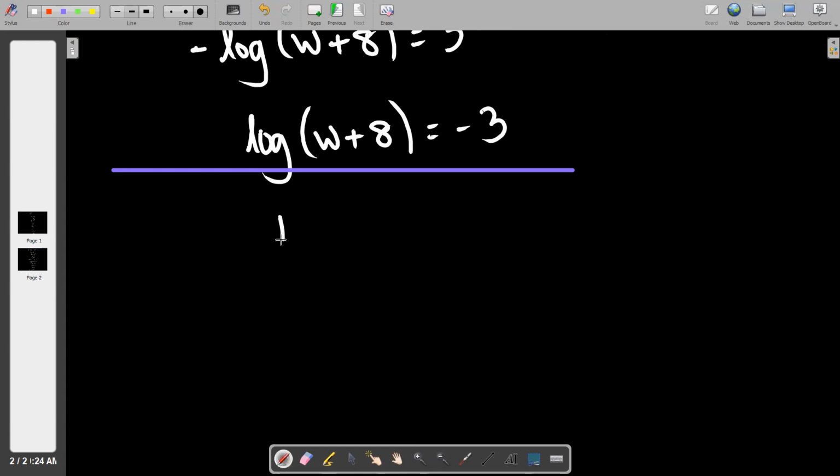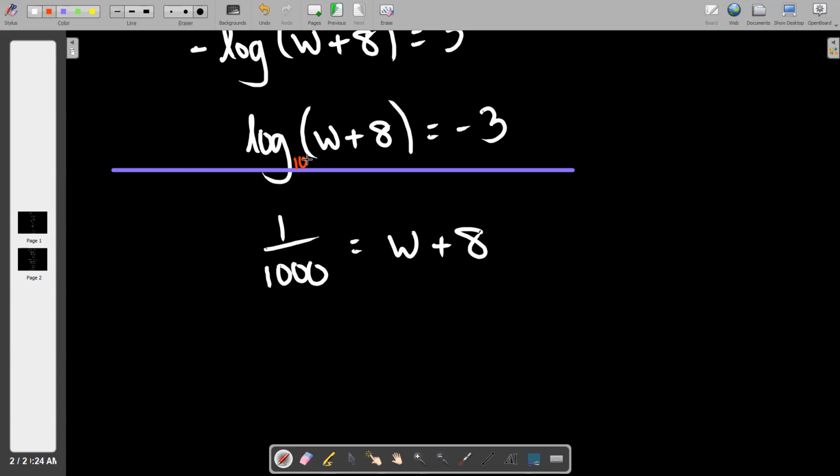Nice job. 1/1000 equals W plus 8. And again, to the rescue, bless you, is that invisible base 10 from the common log. And when you take 10 up to the power of -3, you flip it and put the 10 cubed on the bottom.